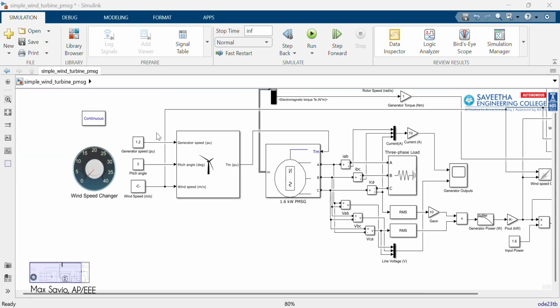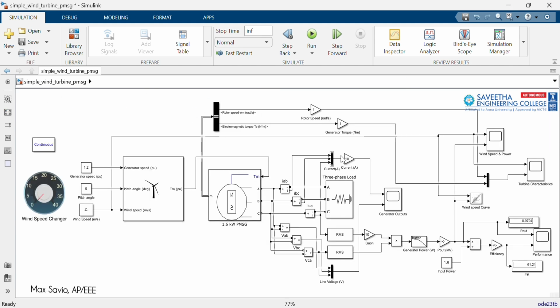This is the final structure of the simulation circuit. So, we'll see how to design it. It's very simple: you have the wind turbine model followed by the PMSG generator. Then you have a load.